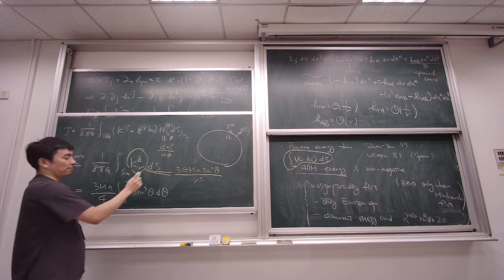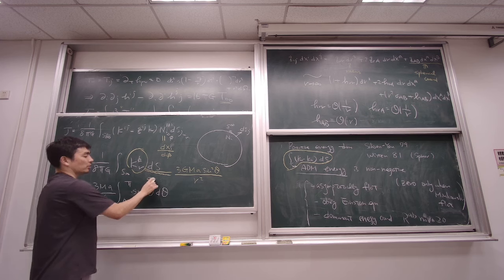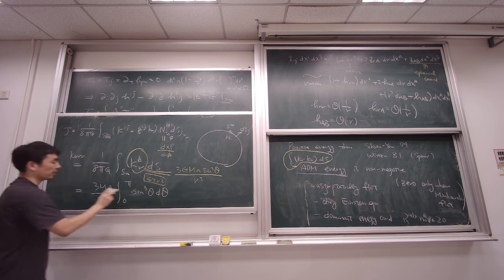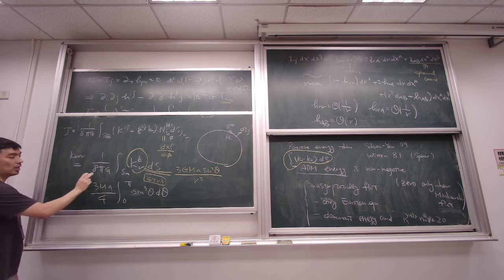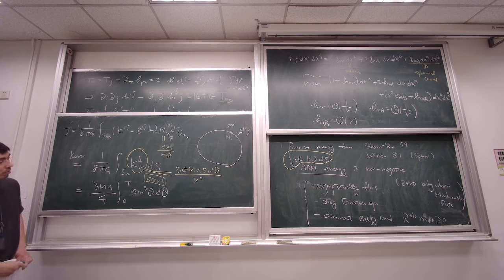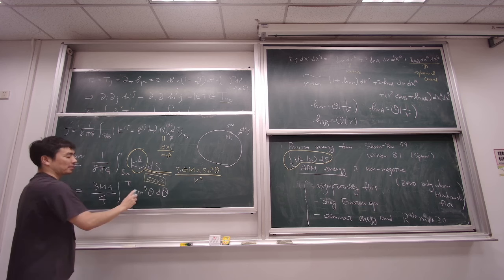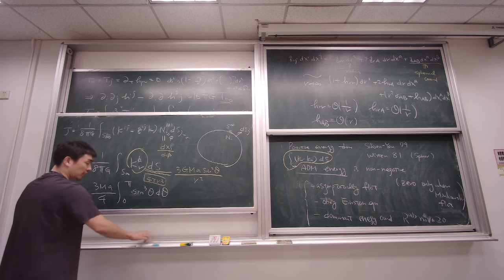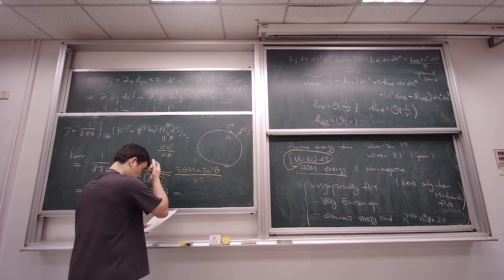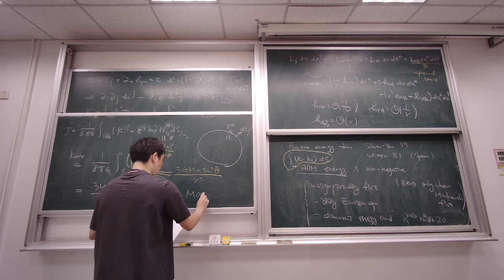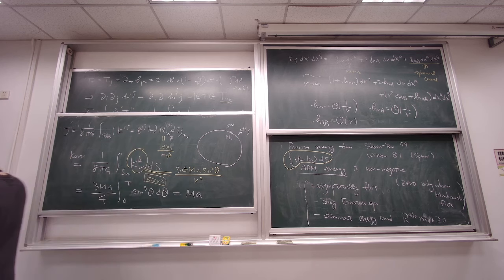If you do the phi integral, you get 4 pi r squared, and r squared cancels, 4 pi cancels against 8 pi, though I don't know the normalization factor 4 here. What's left is sin squared theta times sin theta d theta, and this will give you Ma, which is exactly the angular momentum of Kerr spacetime.